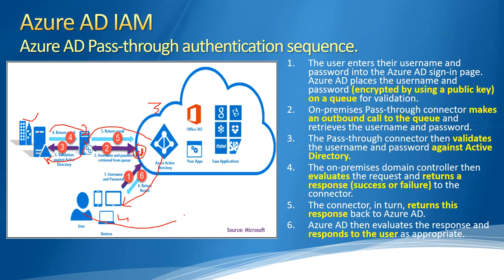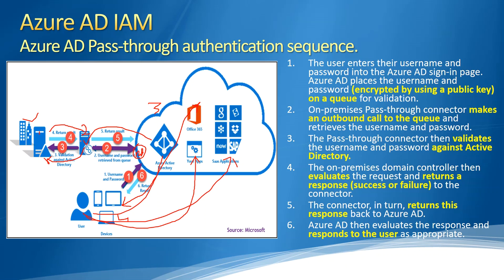Now that user can present that token to any of the applications they're trying to access. It could be O365, it could be your custom app, or it could be any third-party application which is integrated with Azure AD. So essentially, what we saw here is Azure AD didn't make any inbound call to your on-premise infrastructure.